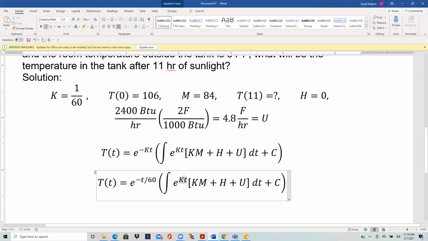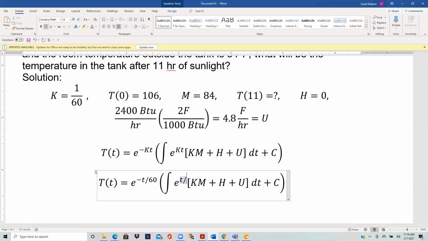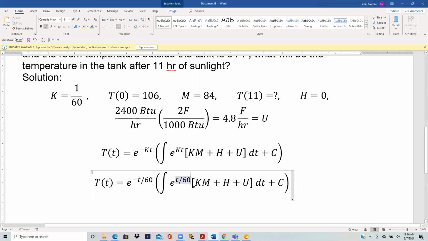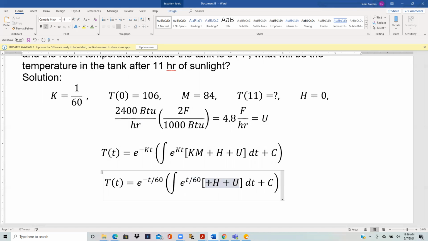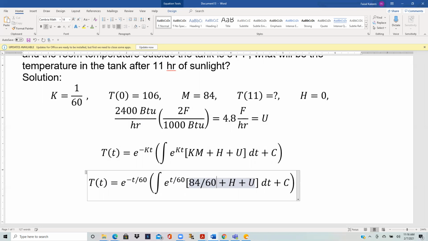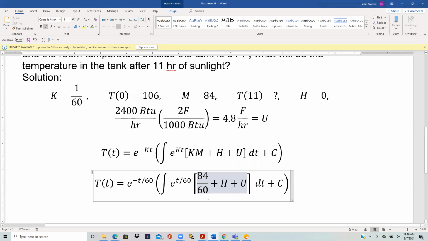And this will be t by 60. And 1 over 60 times 84. So 84 by 60. H is 0. U is 4.8.